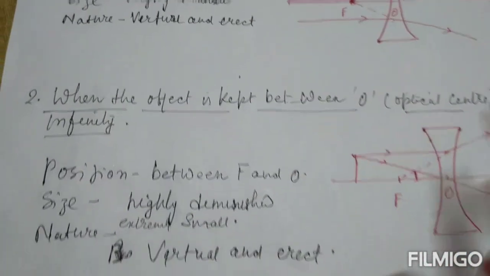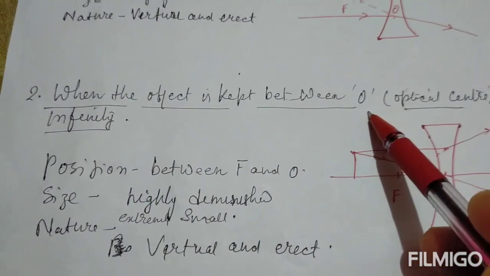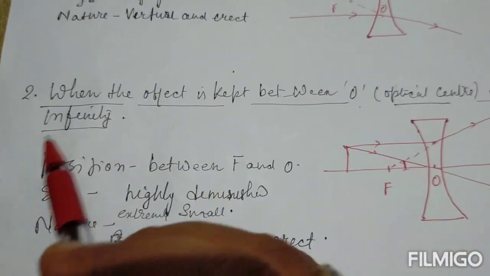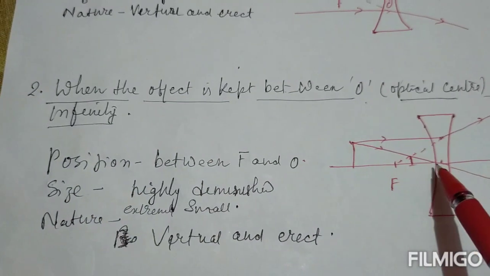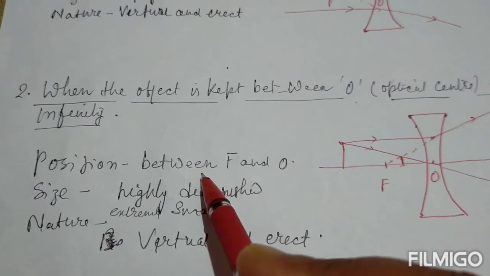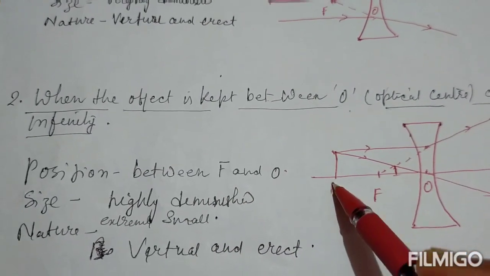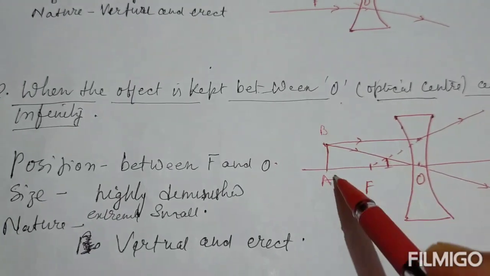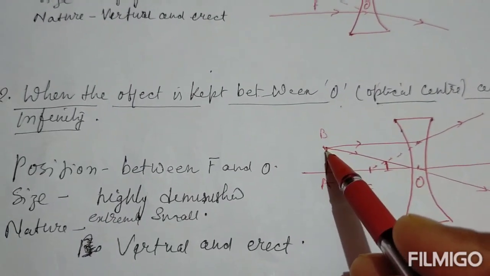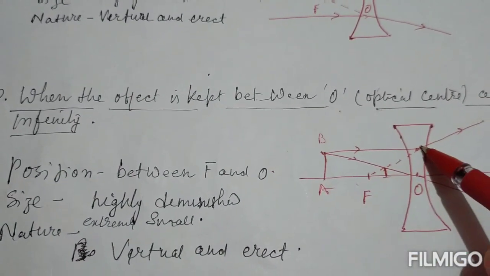Second, when the object is kept between optical center, that is O, and infinity. The object is kept anywhere on the principal axis between O and infinity. What will be the characteristic of the image? If the object is here, that is AB is the object, rays coming from infinity parallel to the principal axis fall on the lens and are refracted.